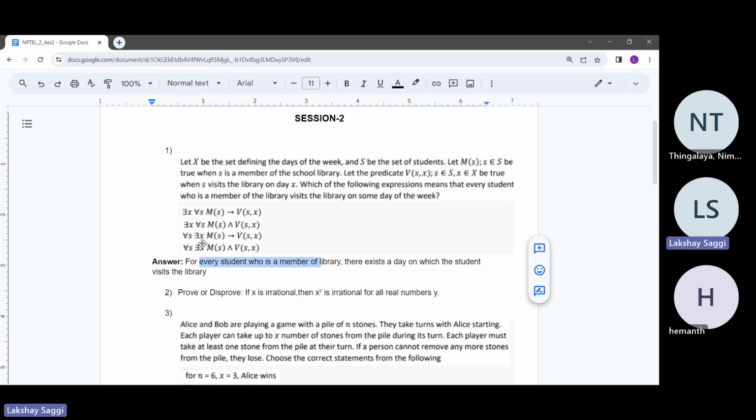Every student need not be a member, but whoever is a member, for that student there should exist a day on which the student visits the library. And this is precisely what option C is saying, because if M of S is true, if the student is a member, then the student visits the library on day X.